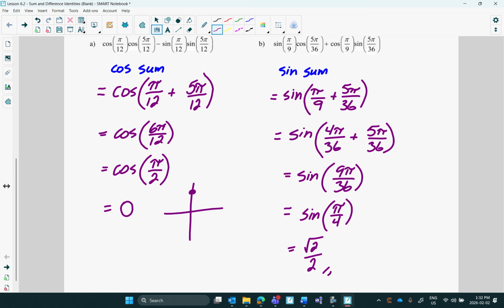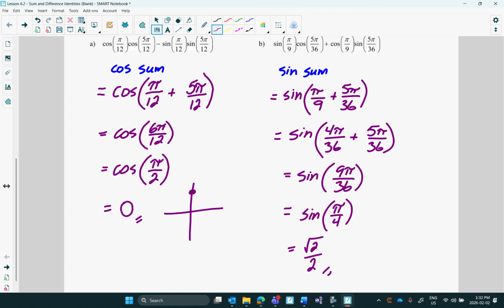Okay. So that's one type of example you could see, where you're given a sine, cos, or tan sum or difference identity in expanded form. You're asked to compress it and then figure out what the value is.